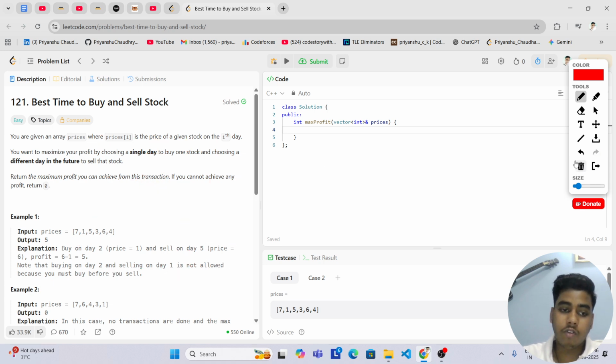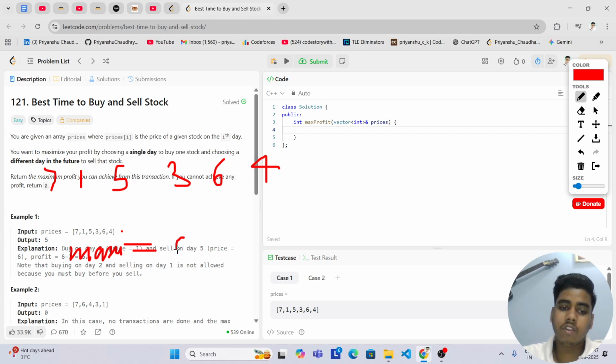So let's go through a dry run. This example is given: 7, 1, 5, 3, 6 and 4. So our maxi variable will store the maximum profit.